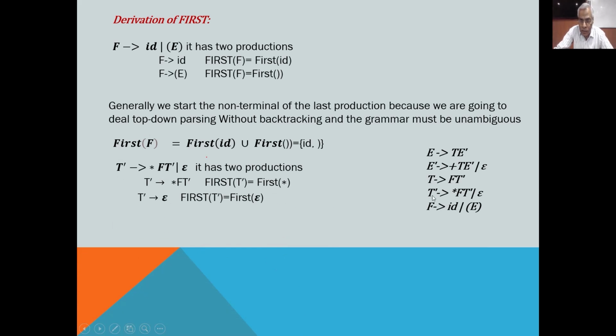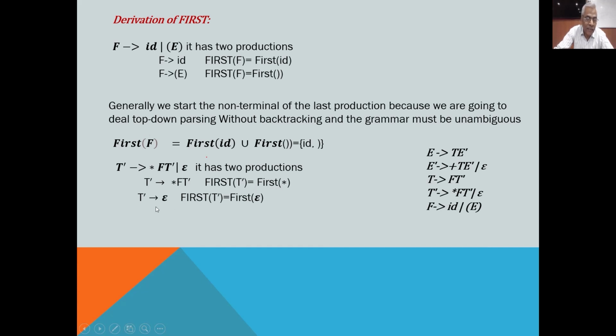Then we move to the next non-terminal T dash, and this T dash has two different productions, T dash to star F T dash and T dash to null. Since it has two productions, we write two different productions here. From the first production, first of T dash equal to the first symbol on the right hand side, which is star, and that is a terminal, so first of T dash equal to first of star.